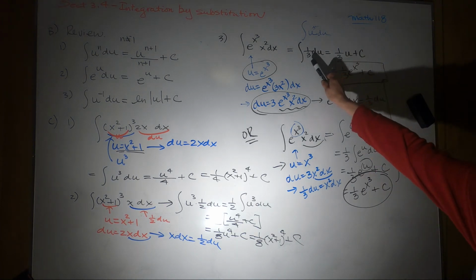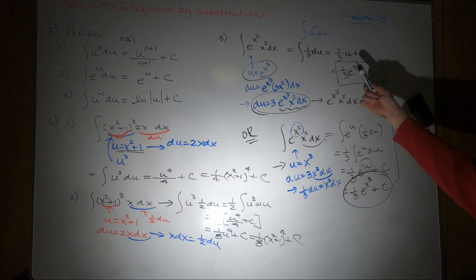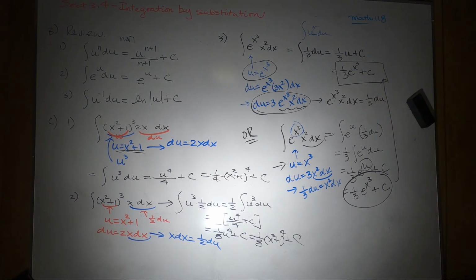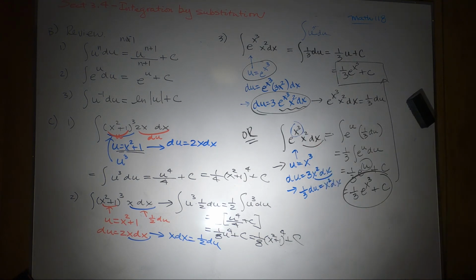Same thing here. If you do it this way, you only have what? A constant to integrate. Then you follow the constant rule of integration, and this way you replace the power. So there are many ways, but you need to use substitutions to do it. Otherwise, it's hard to make it.